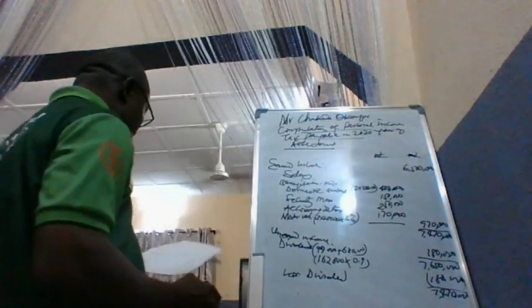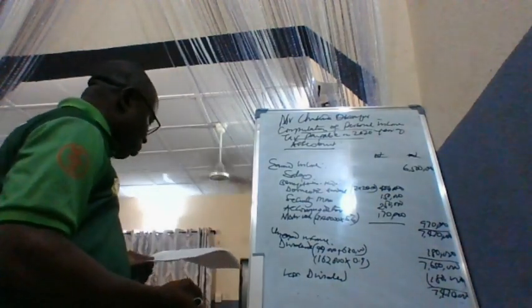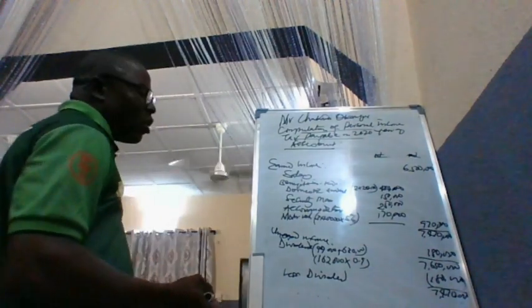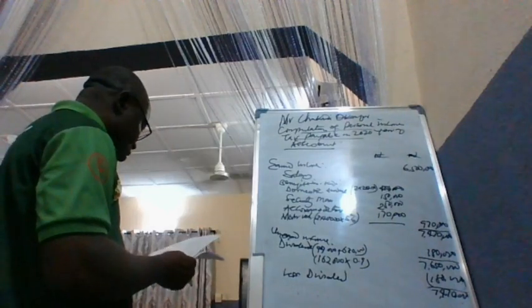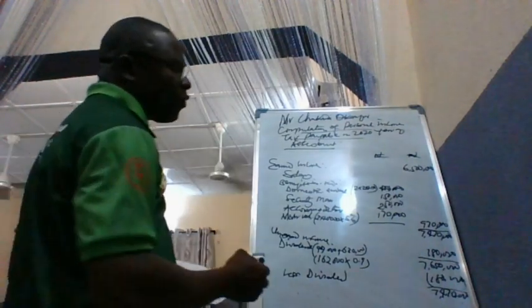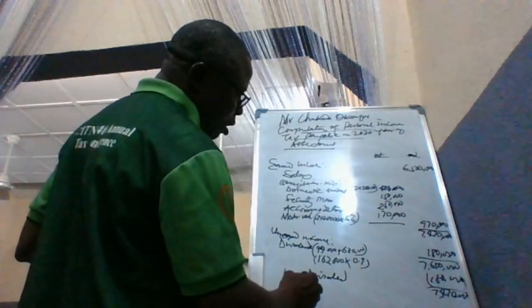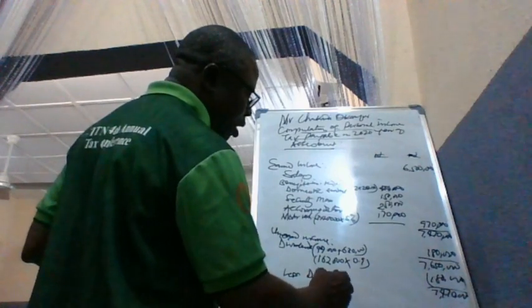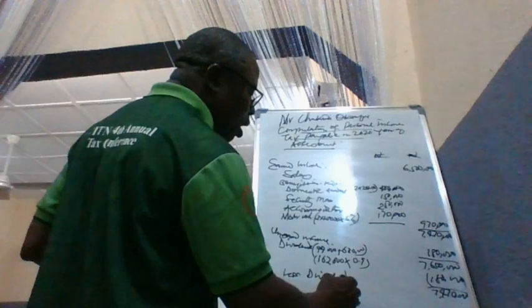So now at that point, you will also add the tax exempted, or less tax exempted items.